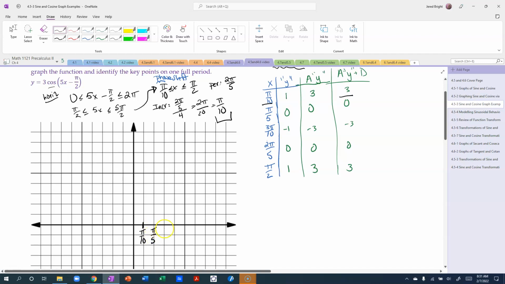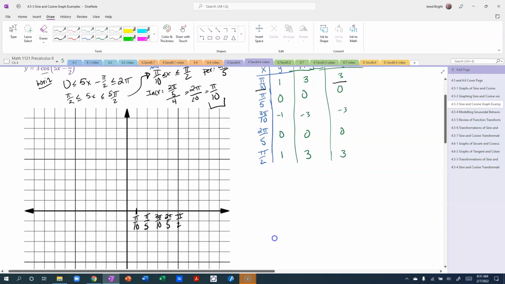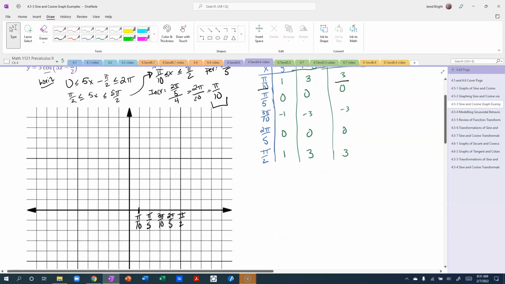And then another pi over 10, so 3 pi over 10, which would be just that. And then 4 pi over 10, which is 2 pi over 5. And then pi over 2 would be 5 pi over 10. Okie dokie. So now I have the right horizontal positioning. It would be just in here.